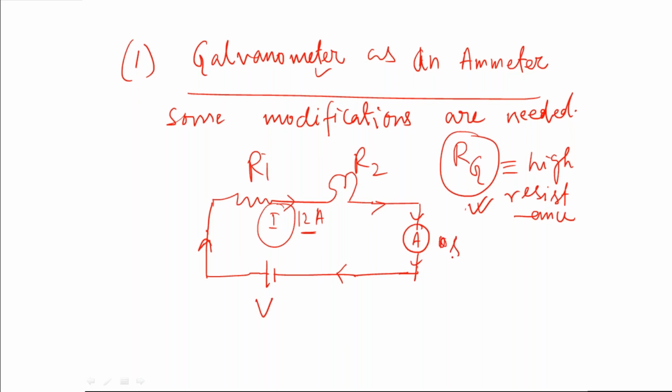So to avoid this, whenever we use any measuring instrument, the error it produces in the measurement has to be less than 1%. If we measure anything in the circuit, the error happening in the measurement due to this measuring instrument has to be less than 1%.